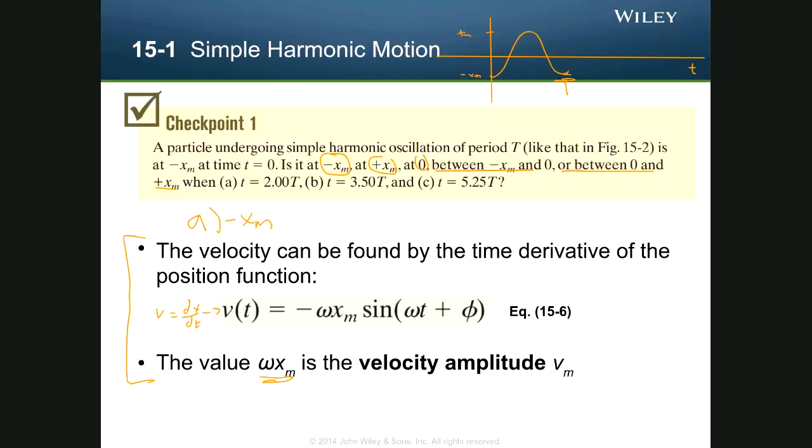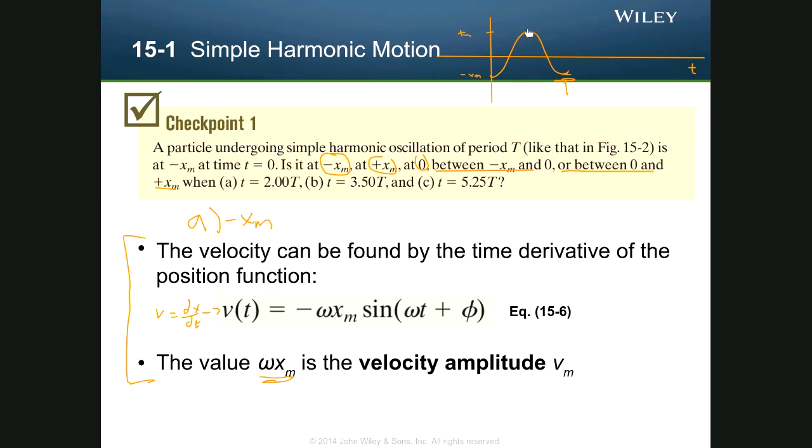Now, for a half period, if we go to 0.5T, that's halfway between 0 and the period, so that'll bring us all the way up here.